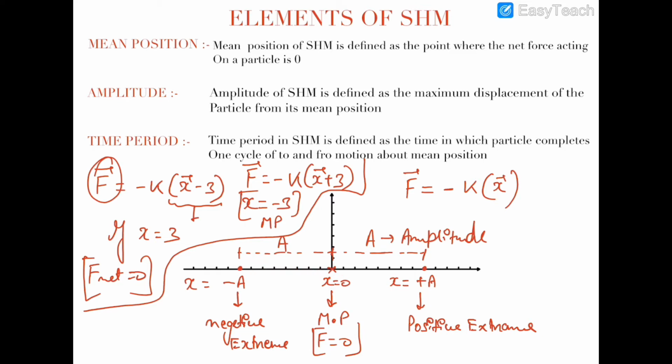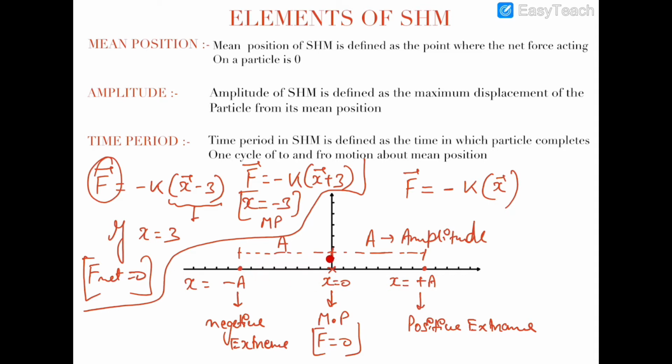So the total time to move from this point like that and come back to -a and then again come back to the origin is one cycle.